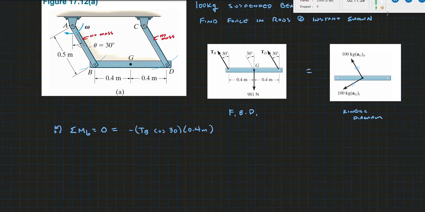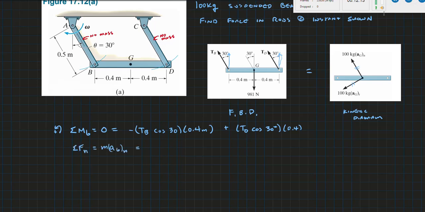So the first term is minus TB cosine of 30, so that's going to be essentially this component here times 0.04, and then we'll add to that the second term of TD cosine of 30 degrees times 0.4. Notice that this one is clockwise and this one will end up going counterclockwise.